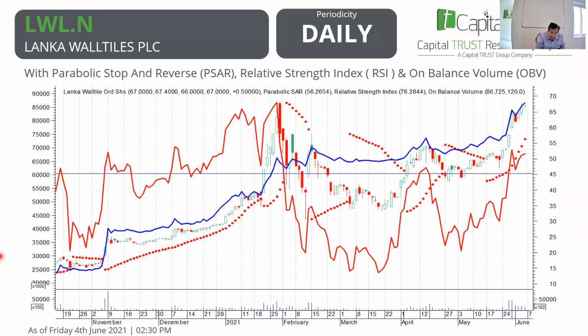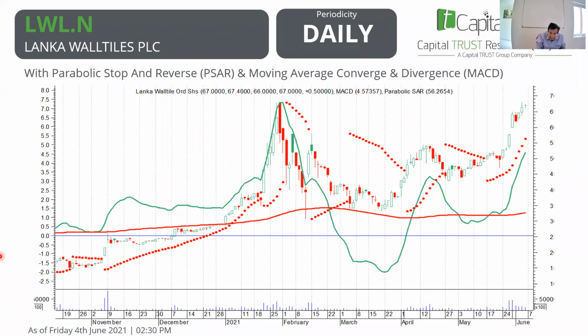We have Lanka Volatiles. Next, OBV is up, parabolic says buy, and RSI is neutral, right? So it's all in all, that's buy. Let's look at the Bollinger and you see the MACD.